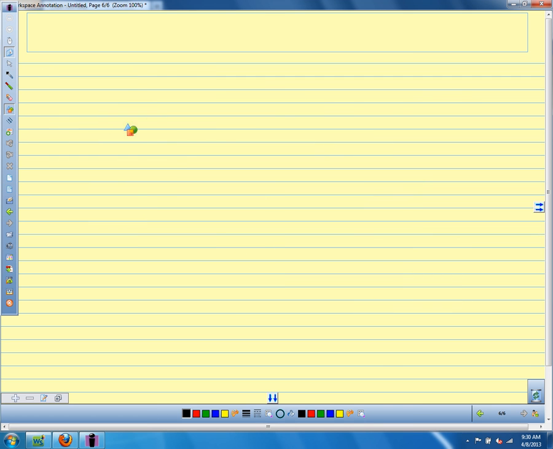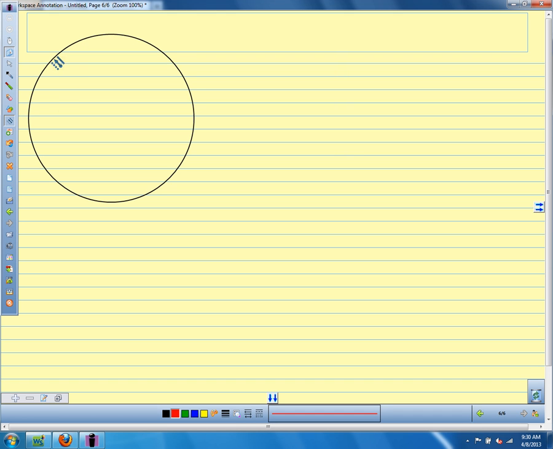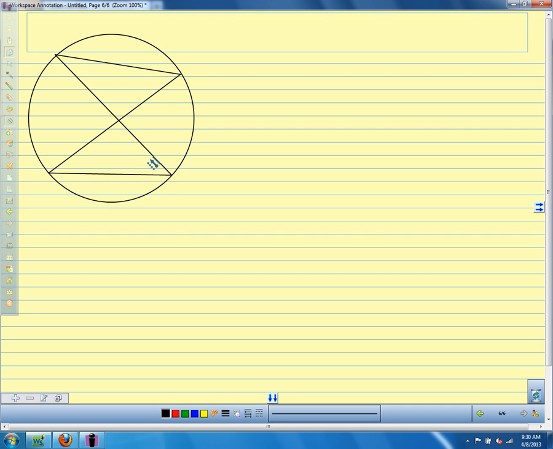So here's our picture for this one. Have a few more lines in this one. And we'll call this point B, C, D, and A. And I'm just going to look at one set of angles.